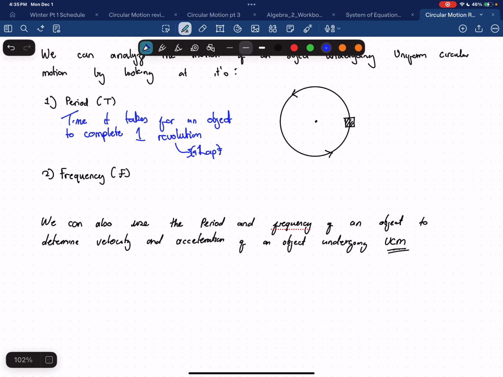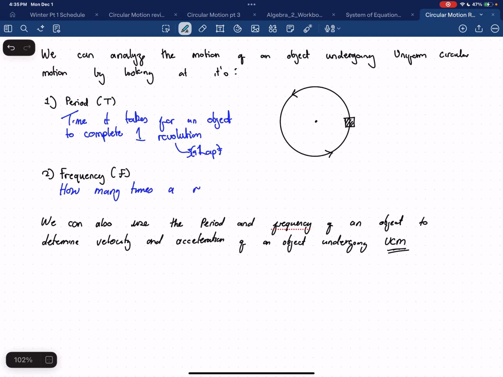Now, what about frequency? Here I'm just giving you definitions, and I'm going to show you how they're important or how we can use them to find the velocity. So the frequency is how many times a revolution is completed per second. That's the definition of frequency.